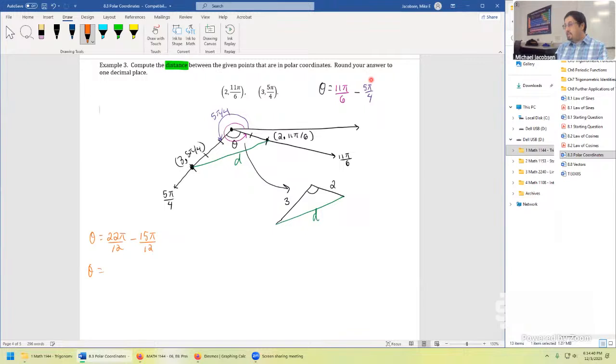And we get theta is 7 pi over 12. We could convert it to degrees like we did when we used law of cosines, but we can keep it in radians as well. There's no real reason to do a conversion there. But did that make sense to folks using this trick right here, the subtraction of those angles to get that internal angle?